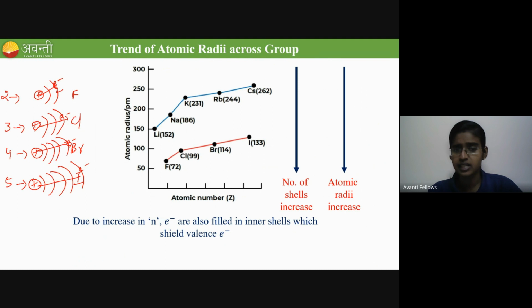Here n is nothing but the number of shells. Due to the increase in the number of shells, electrons are also filled in inner shells which shield the valence electron. Don't get confused with this. On moving down the group, the number of shells increases, so size increases. That's all. Got it? Is it okay?